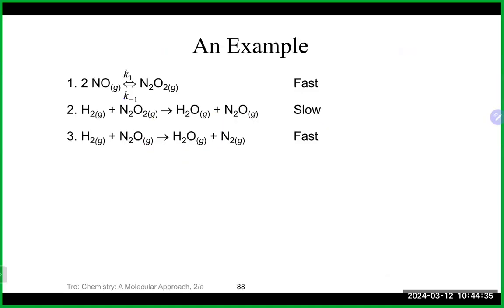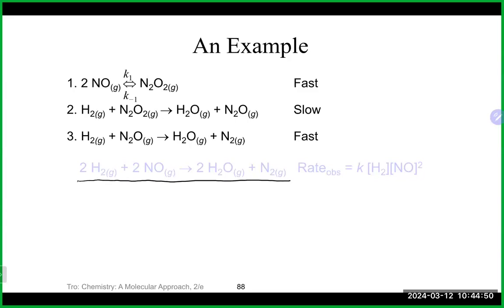All right, so let's take a look at this one. There we go. All right, so we have a 3-step mechanism here. And we're looking to figure out, is this a possibly good mechanism for this reaction? This is our experimentally determined rate law in this particular case.